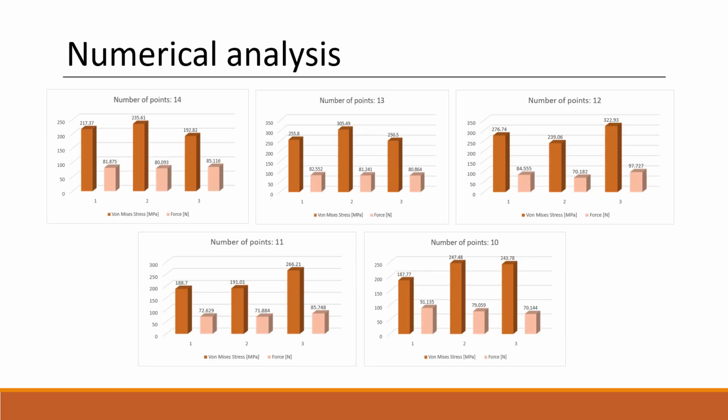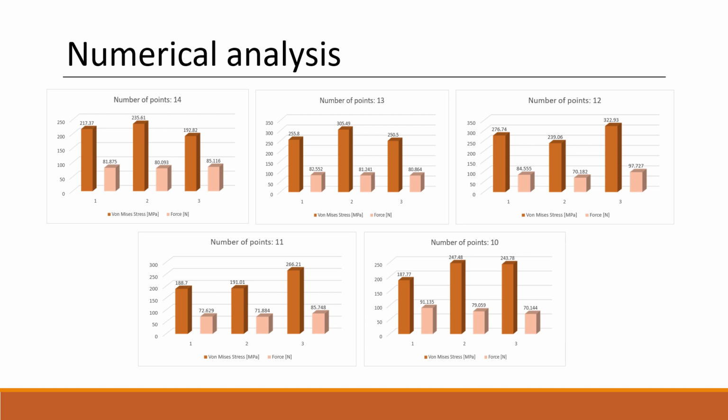The next slide is numerical analysis. Stochastic structures were generated in a box volume of 30 mm by varying the distribution of an equal number of pseudo-random points. A compression of 10% deformation was performed in ANSYS software to obtain von Mises stress and the required force. The results are shown in the figures.